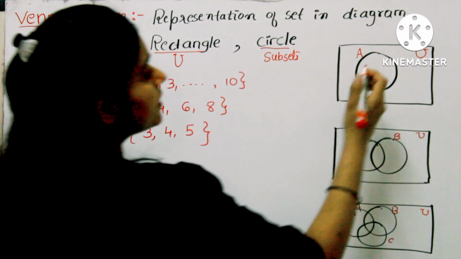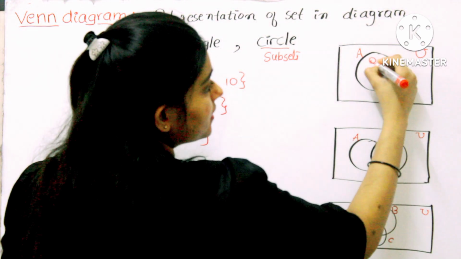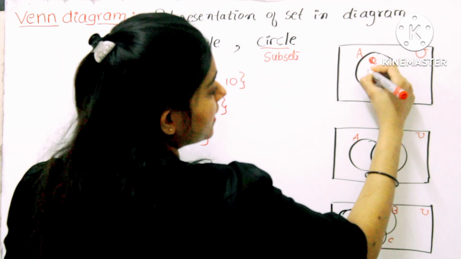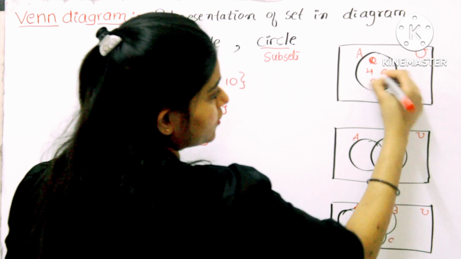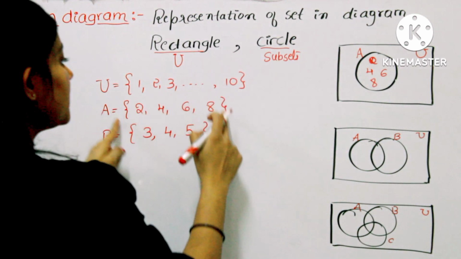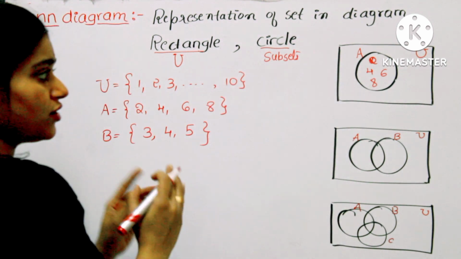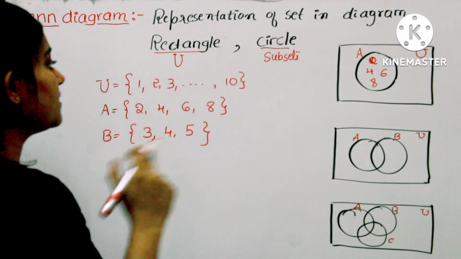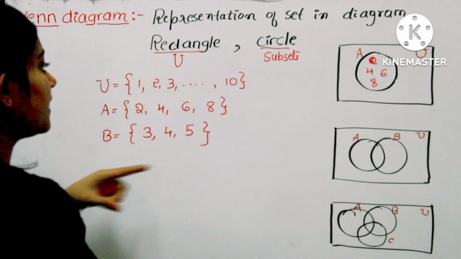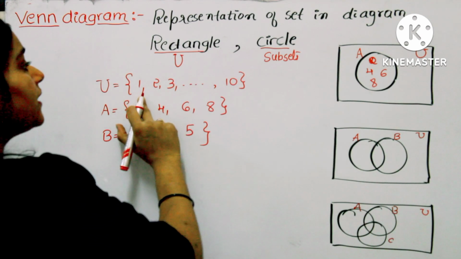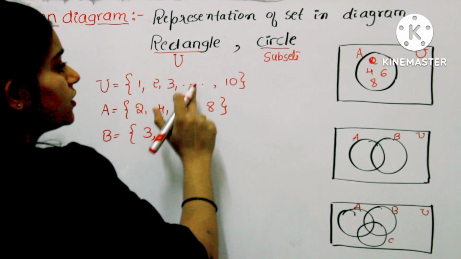First you should note only the numbers in A. So 2, 4, 6, 8. You have to write all the elements of set A in the circle. That is, you have to represent the subset in a circle. Similarly in the rectangle, see here, you don't write all the elements 1, 2, 3 to 10.